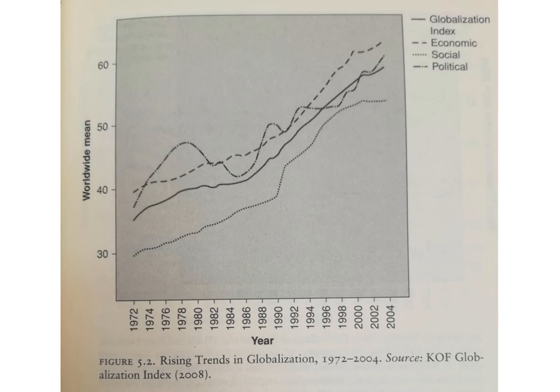And the last thing we should mention is the rising trends in globalization, as we can see in this figure from the KOF Globalization Index. In the last 30 years, with data ending in 2004, globalization has exploded, I would say. With the exception of political globalization, which between mid-70s and mid-80s it got more national, so globalization reversed.